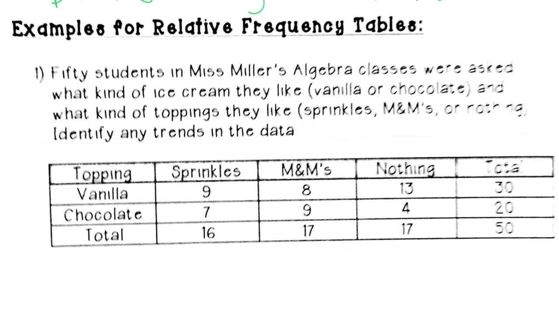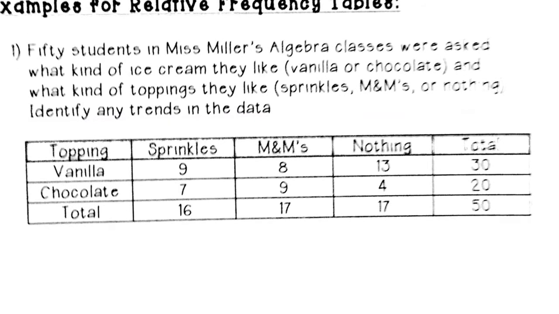If we look at number 1, it says 50 students in Miss Miller's algebra classes were asked what kind of ice cream they like, vanilla or chocolate, and what kind of toppings they like, sprinkles, M&Ms, or nothing. It says identify trends of the data. So that is like our conclusion.